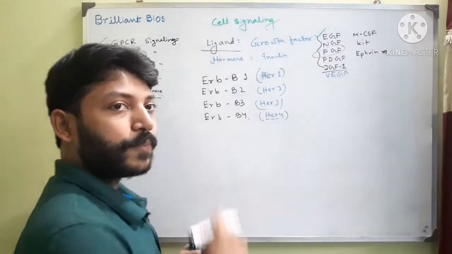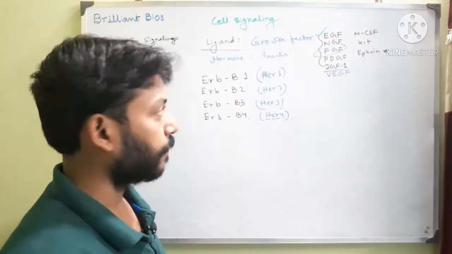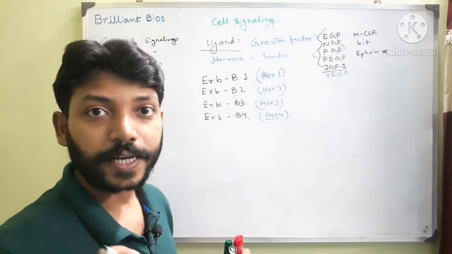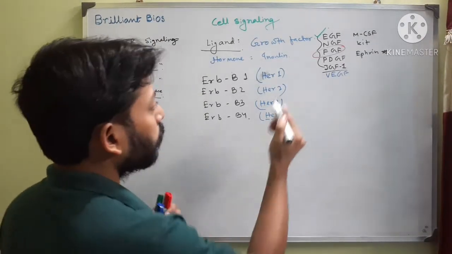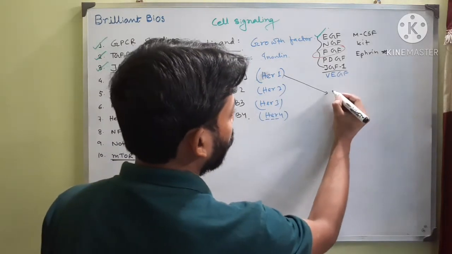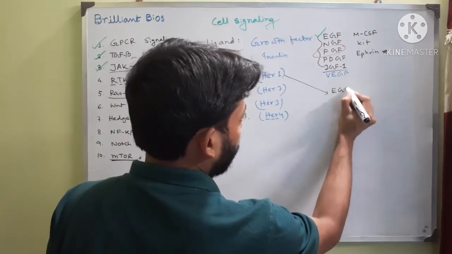All these receptors bind different ligands. I want to give you details for your CSIR preparations. The HER1 receptor binds with EGF, that is normal.